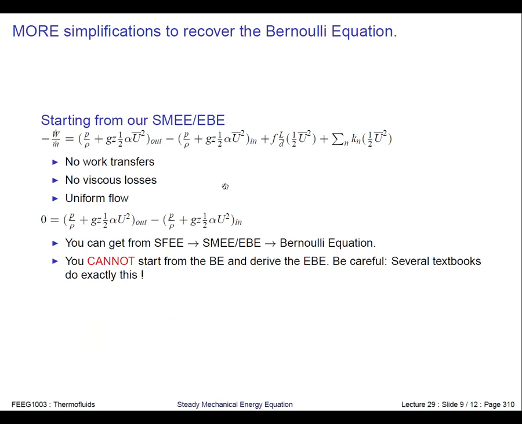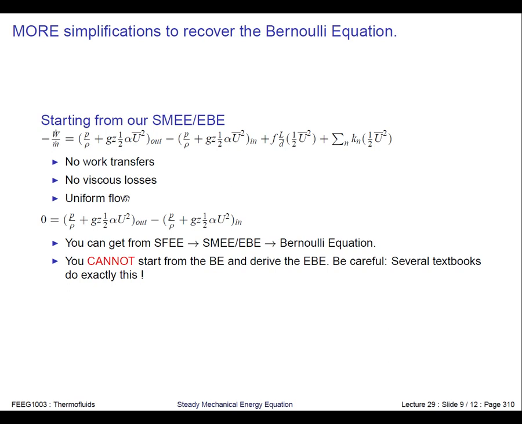Okay, so how do you get to the Bernoulli equation? This is our mechanical energy equation. Some people call it the extended Bernoulli equation. If there are no pumps, so with no work transfers, this term goes to 0.